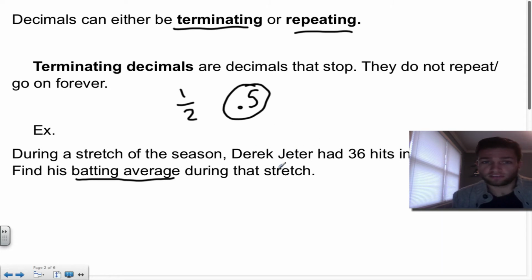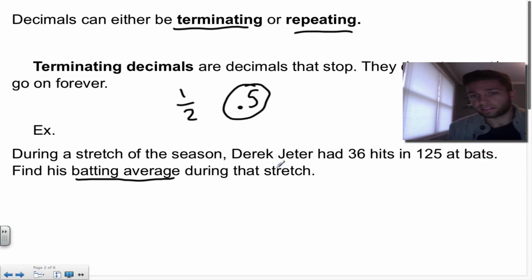During a stretch of the season this year, Derek Jeter had 36 hits in 125 at-bats. Find his batting average. Batting average is not a formula that I'm going to ask you to remember, but just to give you a little real-life application, he had 36 hits out of 125 chances.